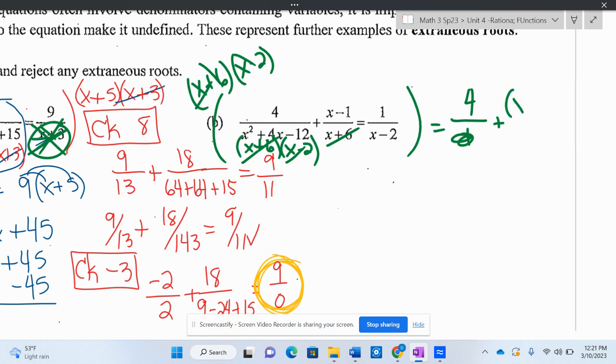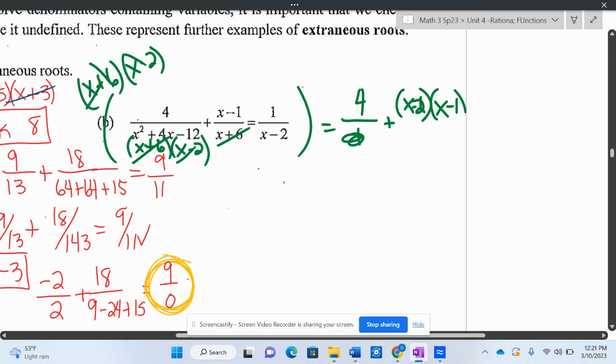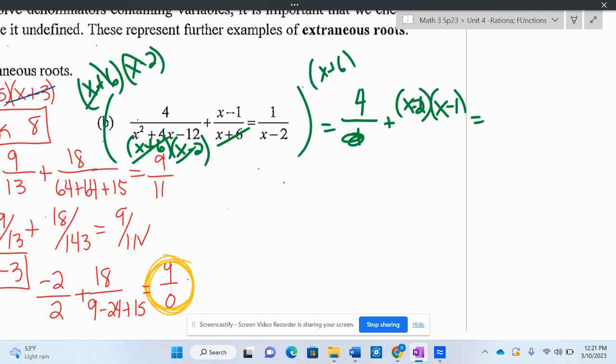So I'm left with x minus 2 times x minus 1 equals, when I multiply this side by the x plus 6 and the x minus 2, those cancel out. So I'm left with 1 times x plus 6.